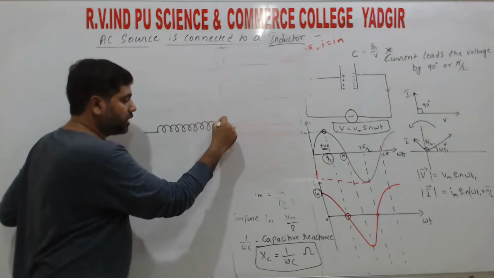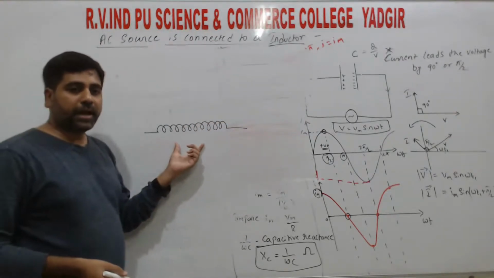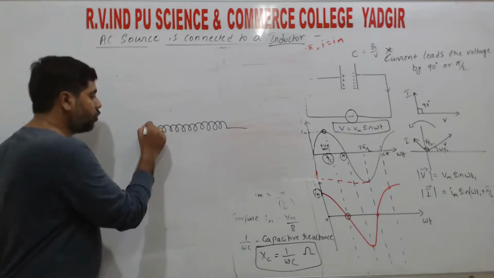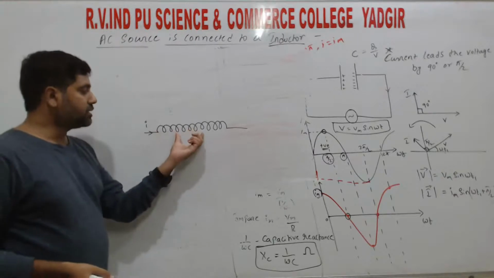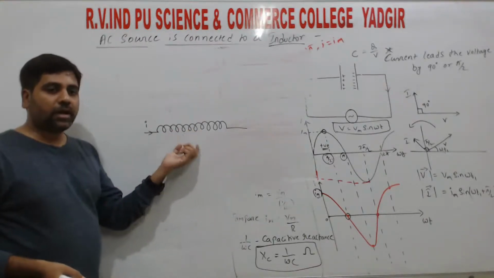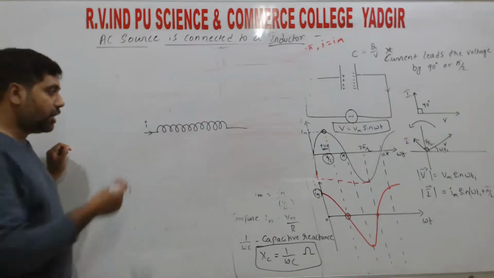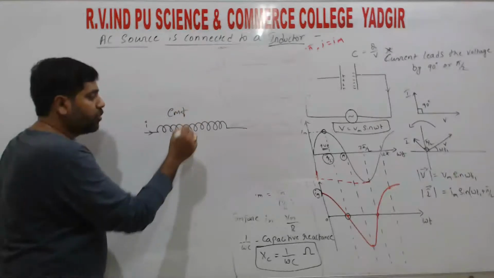Inductor is nothing but a coil, and it stores energy when the current is flowing into the inductor, right? It is a device which stores energy, that is electromagnetic energy. That means it stores the EMF.